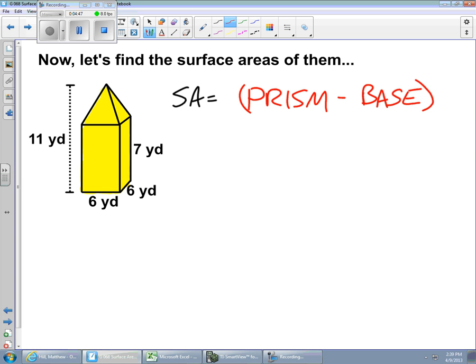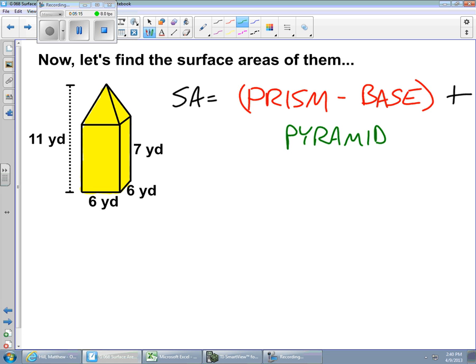Now, to that information about the prism, we also need to add information about the pyramid. Let's consider this pyramid. Do we have the entire pyramid as far as surface area is concerned? It's a pyramid missing a base. Here's an interesting point on that language: how many bases does a pyramid have?